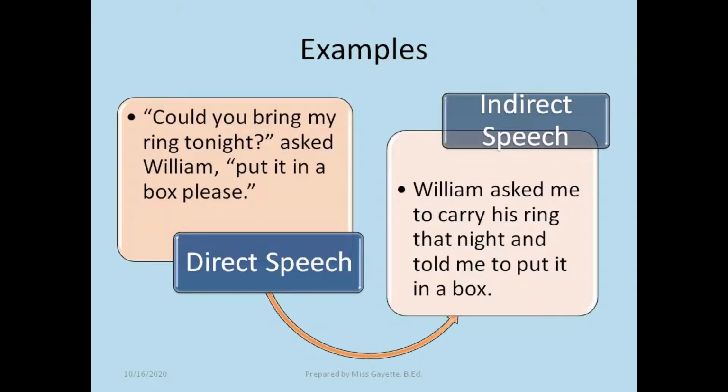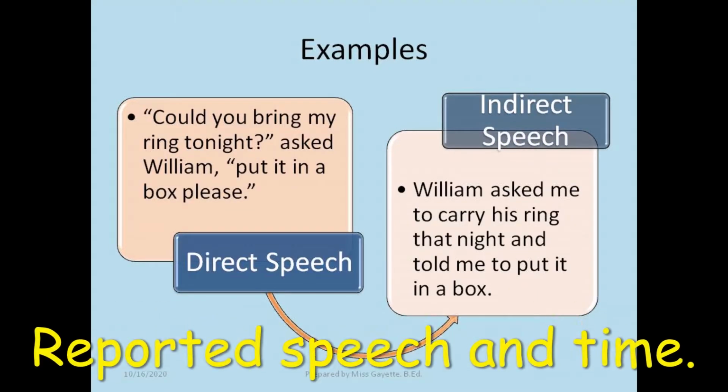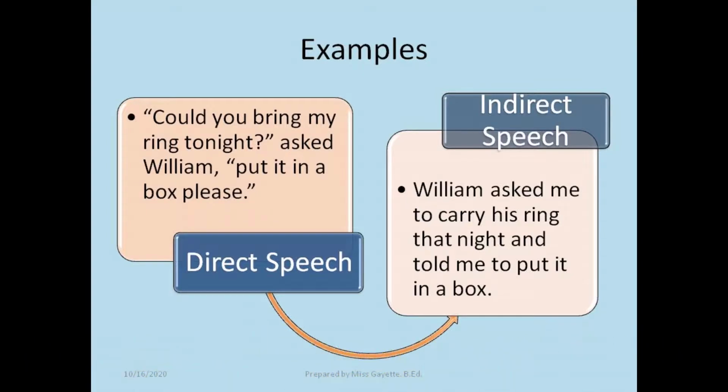Let us look at how reported speech affects time. "Could you bring my ring tonight?" asked William. "Put it in a box, please." We've already understood and looked at where our punctuation goes, but I want you to pay careful attention to where the tag is and where your quotation marks are.